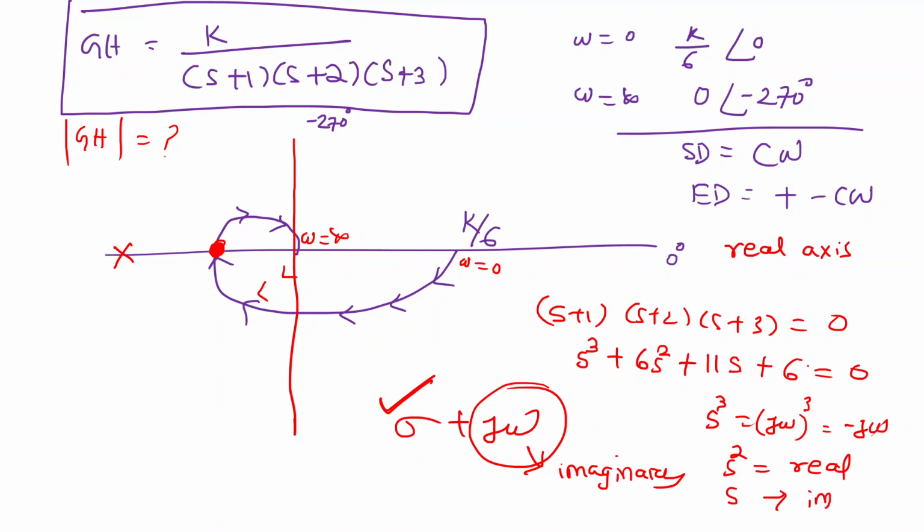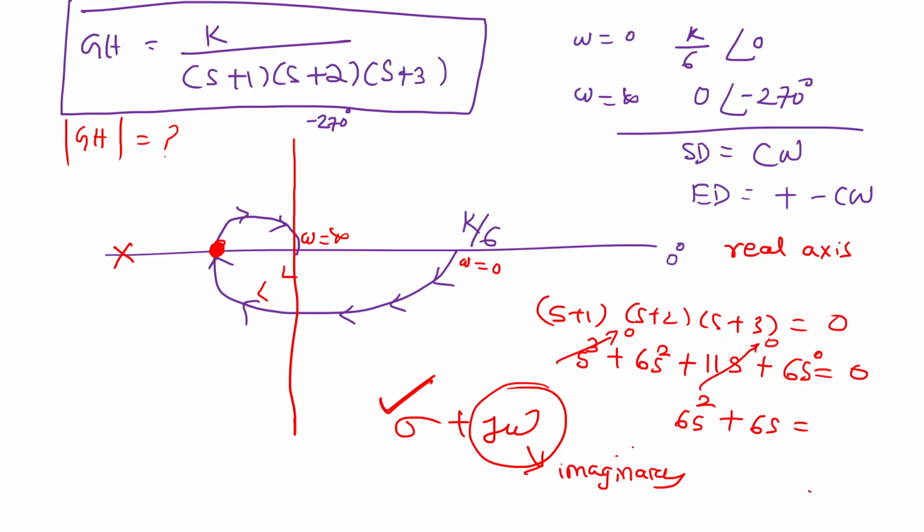Again, 6 is 6 s to the power 0, right sir? s to the power 0 is 1. So remember which terms are real part and which terms are imaginary part in an equation; you should know that. So s square gives the real part, and 6s to the power 0 also gives the real part, right? And the remaining terms you make 0.